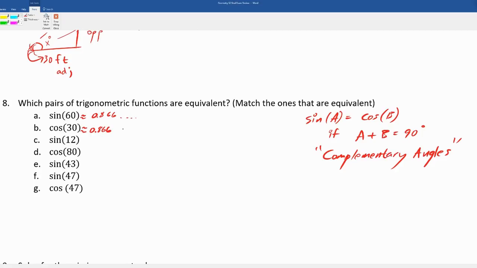It keeps going, but you're going to tell they're the same, and that's because A is B. Those two angles are complementary. So A matches with B, and you guys go ahead and figure out what else matches with what. The rest of number 8 is for you guys to practice with.